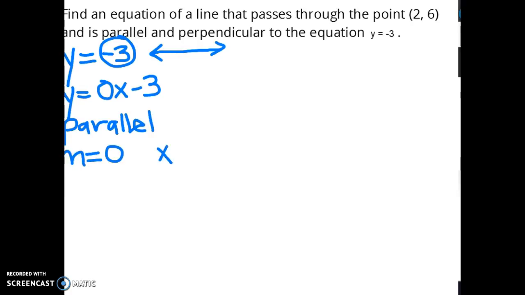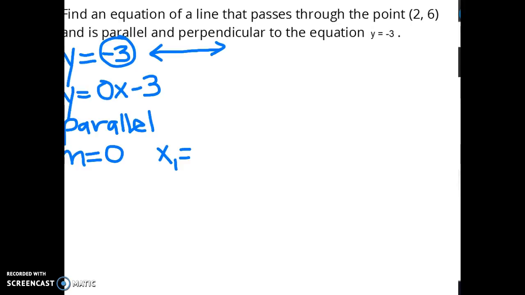What about my x-coordinate? Does it matter? Well, if it's parallel, no. It's going to be parallel to the x-axis.